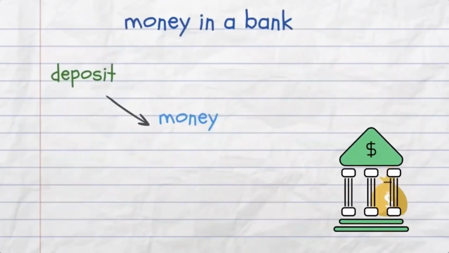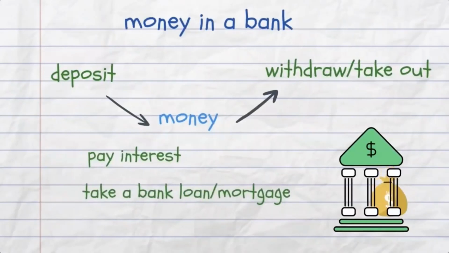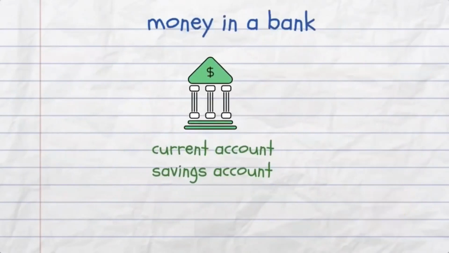You can deposit your money in a bank and then withdraw it from the bank, or take it out of your savings account. Your bank pays you interest, but if you buy a flat, you pay interest to the bank.